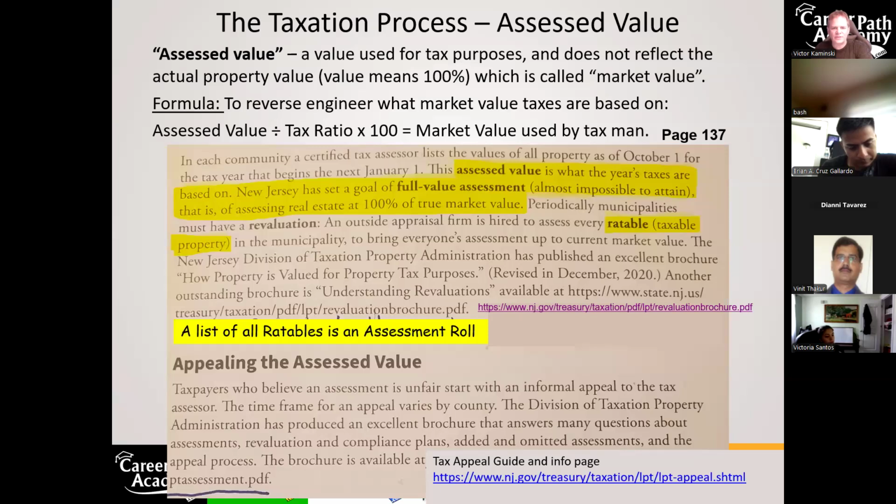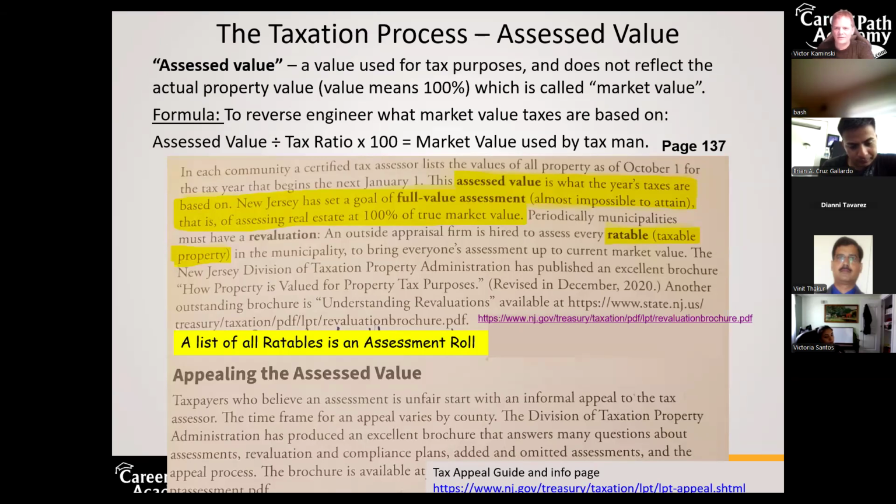So here I'll share with you in the tax window a tax appeal guide information page. Giving a lot of great resources here.